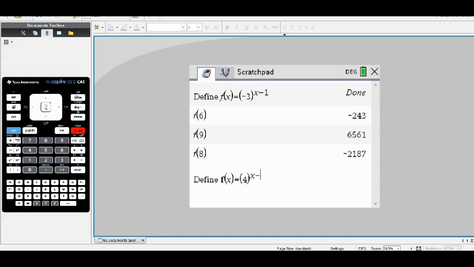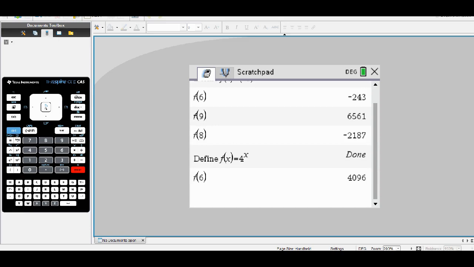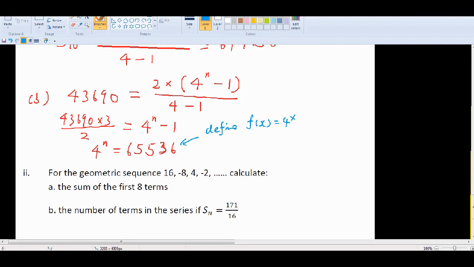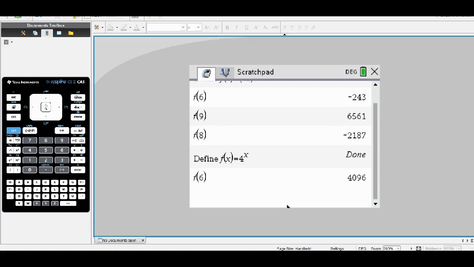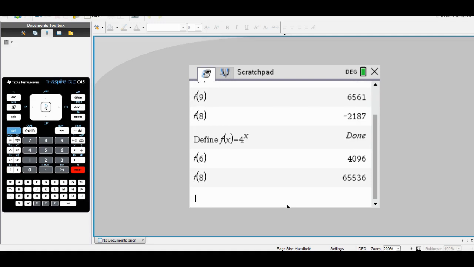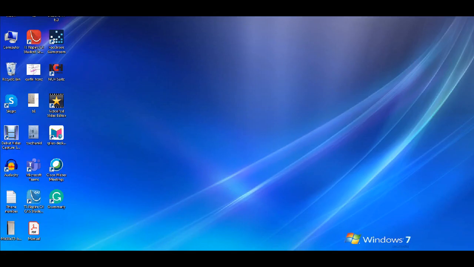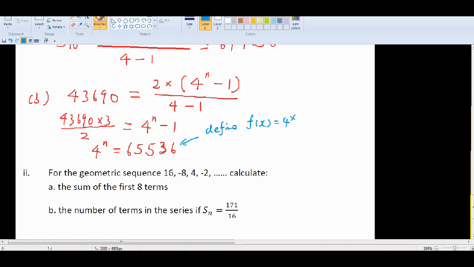So this time it's 4 to the power x, and I just substitute different numbers. For example, 6 gives 4096. Is that okay? No, that's far away because you need 65,536. Since that's too far away, let's try 8. You got it. So that means our answer would be n equals 8. That's it.